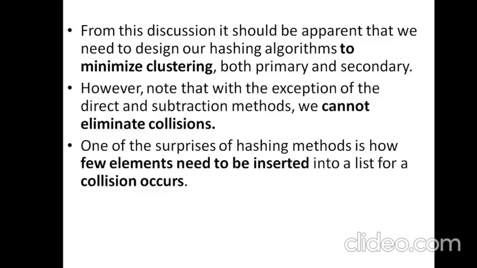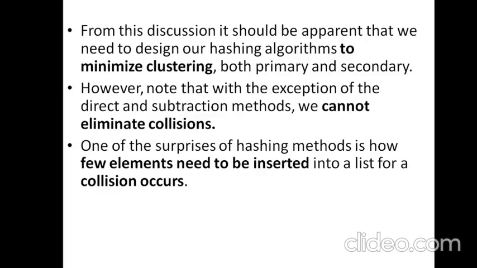We can't eliminate collisions, and a few elements need to be inserted into a list for collision. And one more point they make is that collisions don't occur only when the entire list is full. They start to occur with just a few elements being inserted. So the moment you insert a few elements, collisions begin to occur.